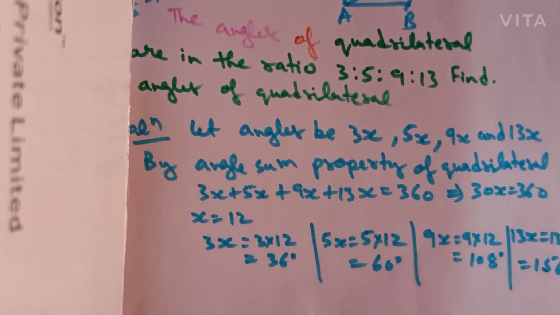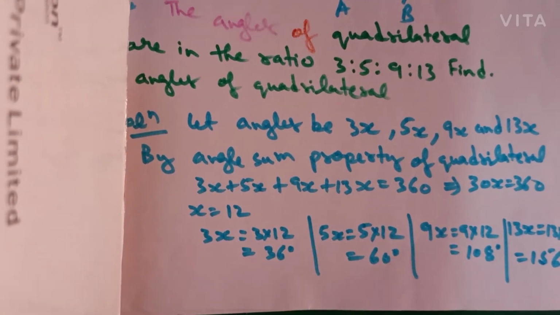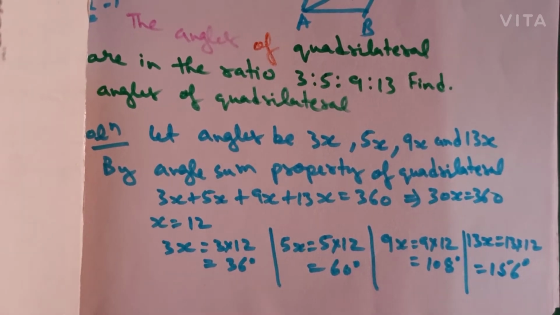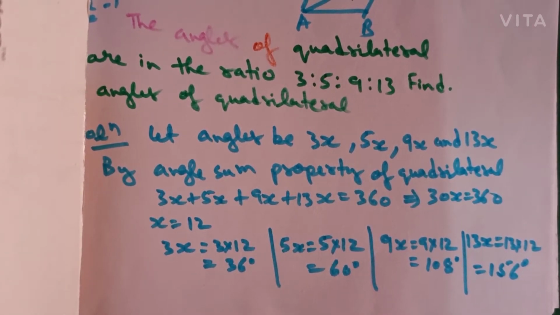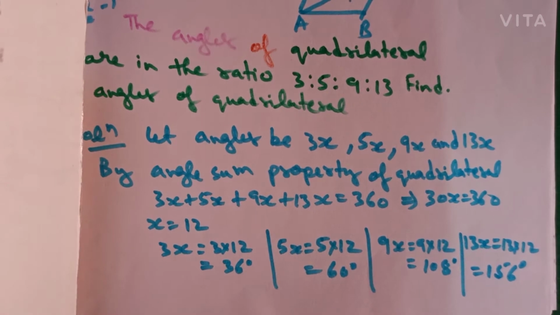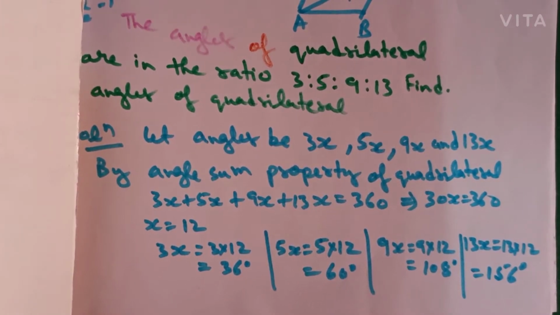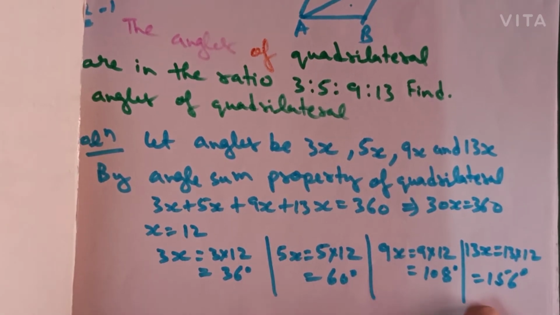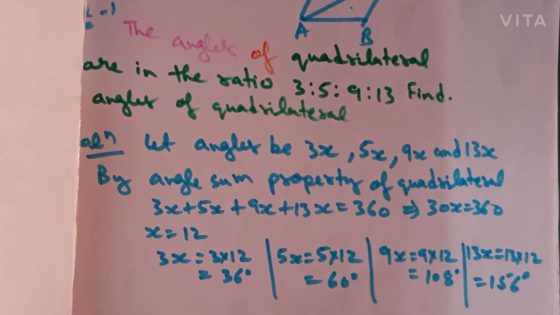This question can be asked in the form of an MCQ also. The same question will be there, only at the last step they will ask the measure of the smallest angle or the greatest angle. The smallest angle will be 36 degrees and the greatest angle will be 156 degrees.